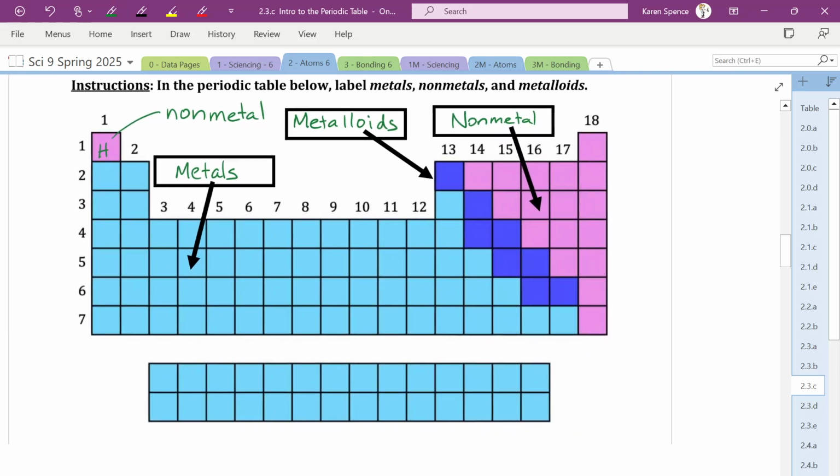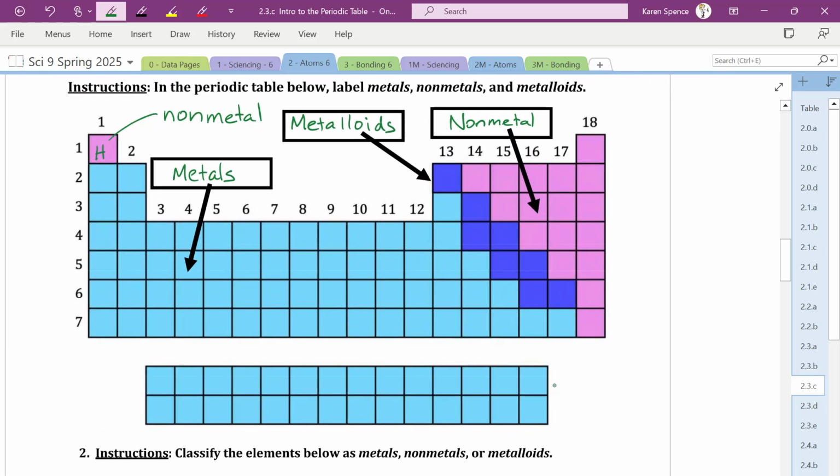All right, and with your last few minutes, and actually notice down here, this little bit down here, those are also metals. So almost the whole periodic table is metals, with a few metalloids and a slightly larger amount of non-metals, but so many metals.